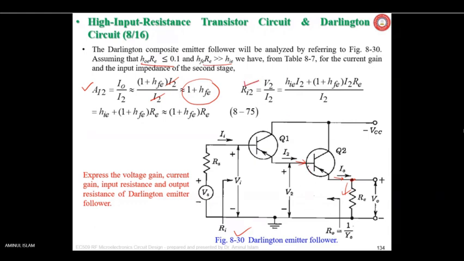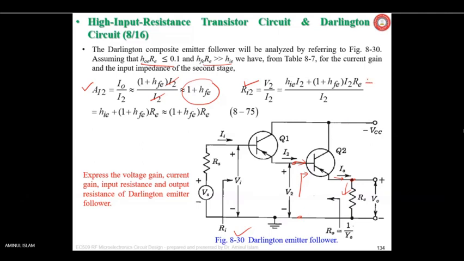Now RI2 is the input resistance here. Looking at this input, V2 is the voltage across this point, base to ground, divided by I2, where I2 is the input current. So V2 is what?